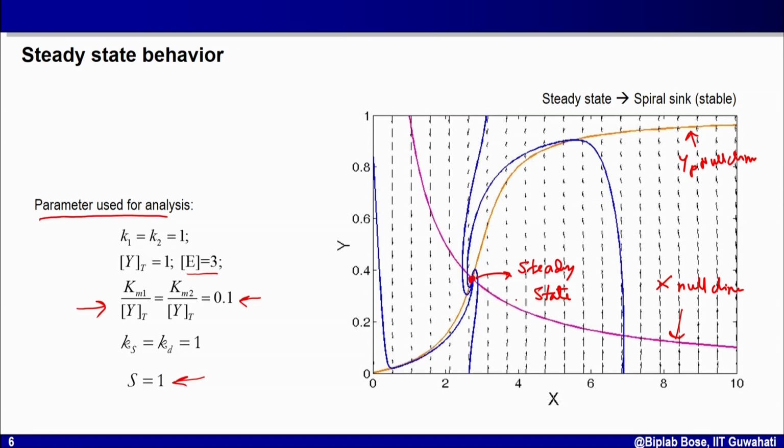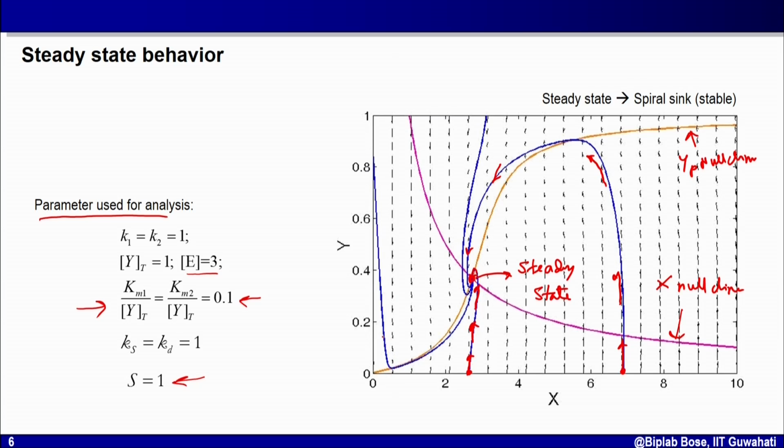And these arrows here, which are not very clear in this picture, are actually showing the phase portrait. So I can start from one point. I have shown one trajectory by this blue line. If I start from here, the phase portrait tells me that the system will move along this trajectory and eventually collapse here. If I start from this point at t equal to 0, then I will follow this trajectory and eventually collapse at the steady state.